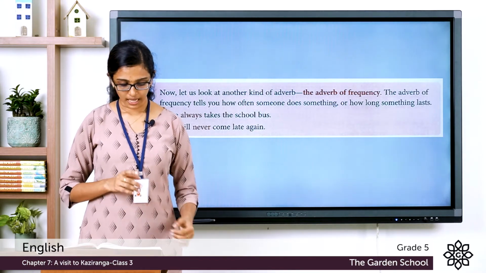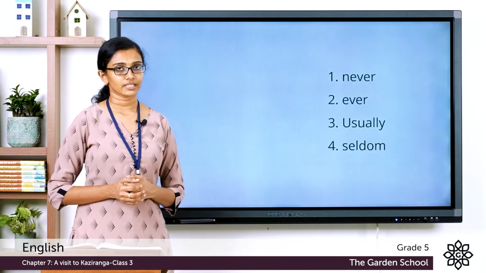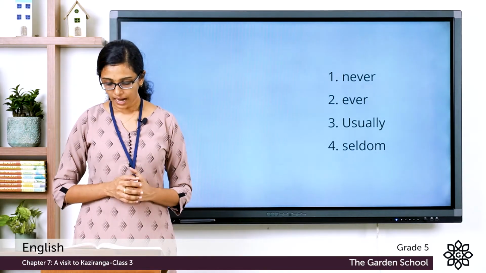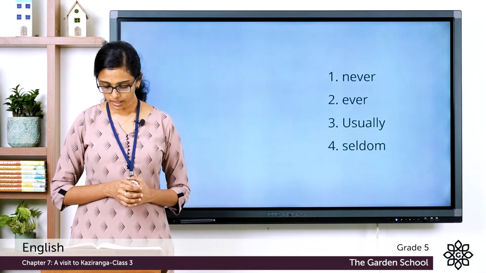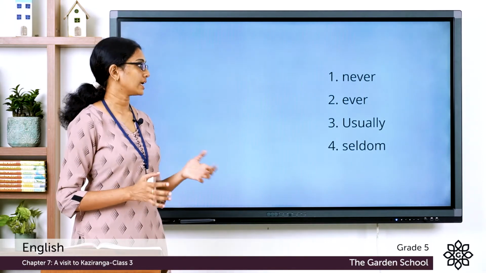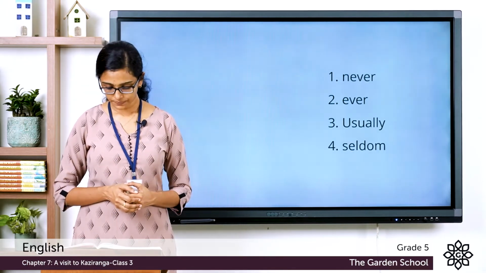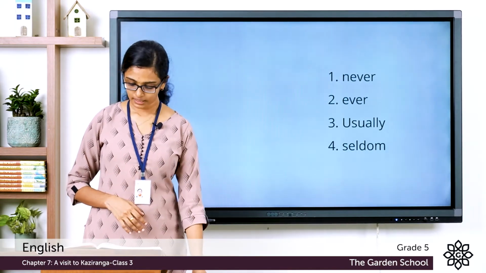The first one, I have never met him before. So the correct answer there is never. Have you ever been to London? The next one, usually Danny goes for swimming in the lake. Now the fourth one is Priya and Danny are seldom late for class.